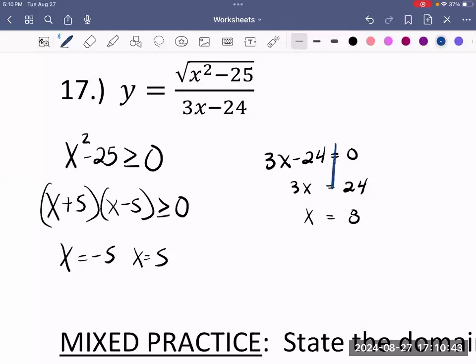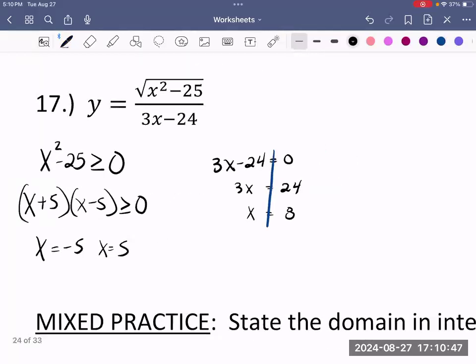Now these are numbers that we want to avoid. So we want to avoid 8 for sure. We also have some other values to test as well. So we have 5, 8, and negative 5. So let's go ahead and test 0.